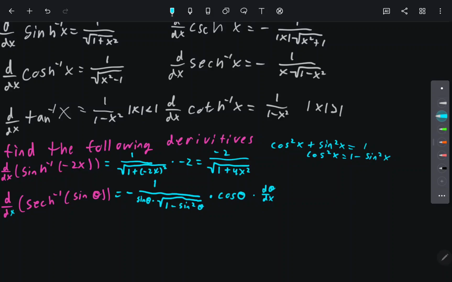And if that is true, we can simplify this expression to be negative cosine of theta divided by sine of theta times the square root of cosine squared of theta, which gives us negative cosine of theta divided by sine of theta times the absolute value of cosine of theta as our answer.